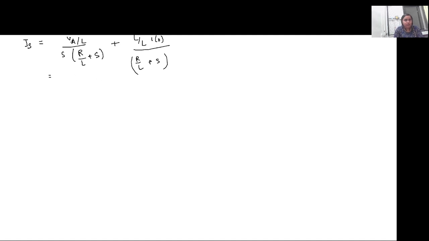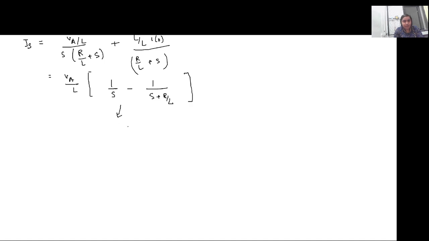So this part is constant and independent of S. We will take it out, VA by L. Now suppose we are to write in terms of 1 by S and something into S plus R by L. Suppose we had written this part. What will this part be equal to?